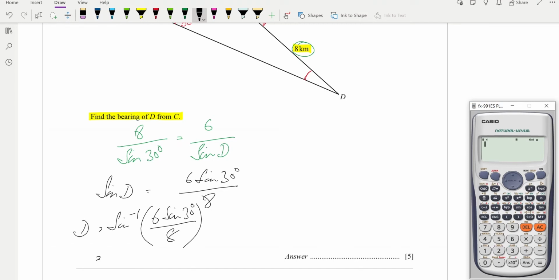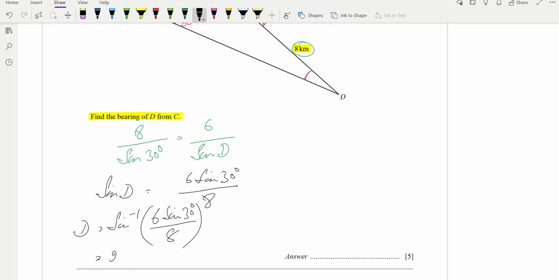Shift sine of 6 sine of 30 degrees divided by 8, bracket closed, and this is equal to 22.024 degrees, and this will be the D value.